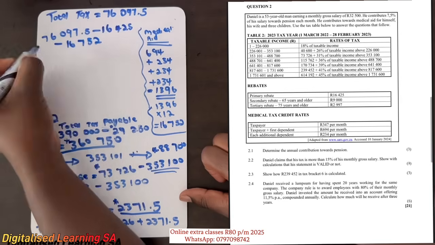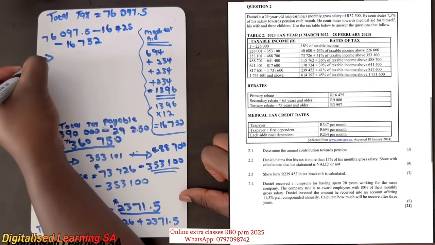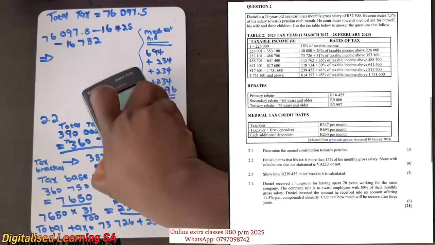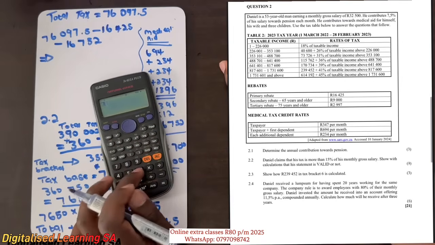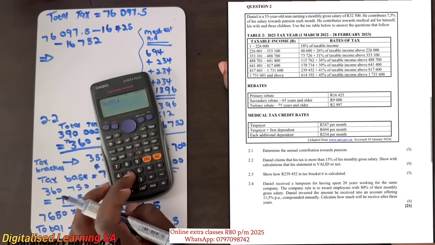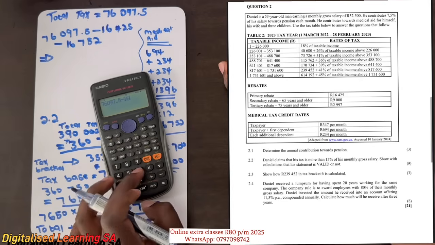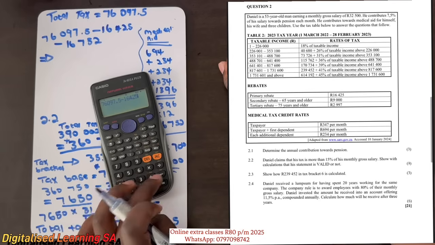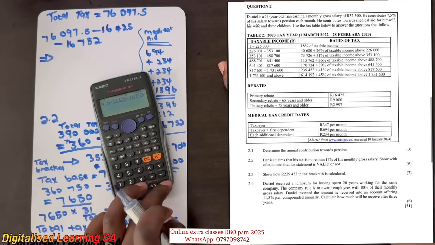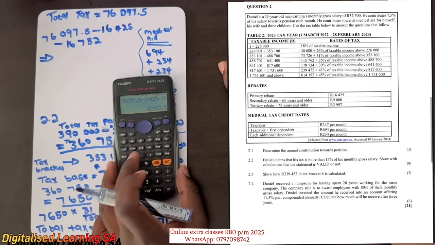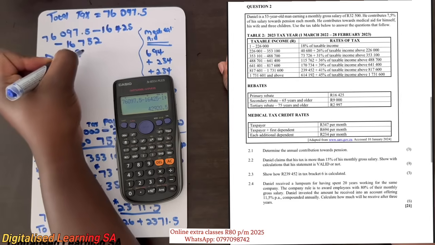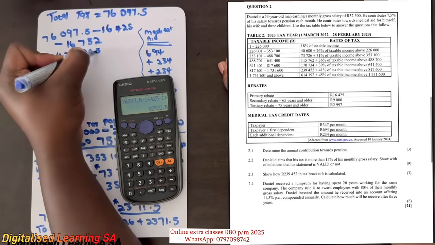So now we will go ahead and subtract the 16,752. Let's find out how much tax he needs to pay to SARS in a year. We are going to say 76,097.5 minus 16,425 minus 16,752, and our answer will be 42,920.5.